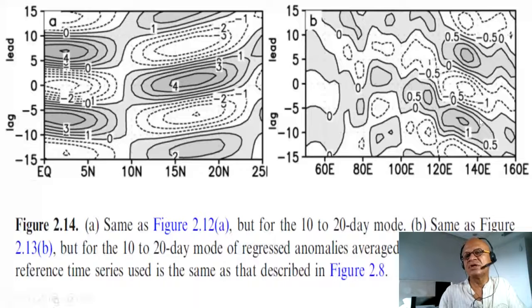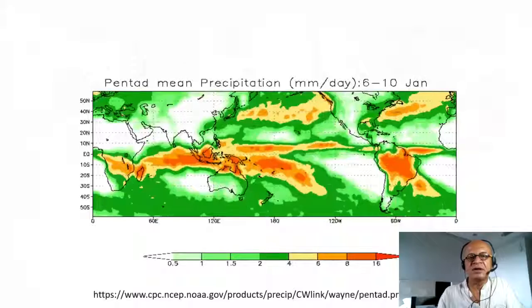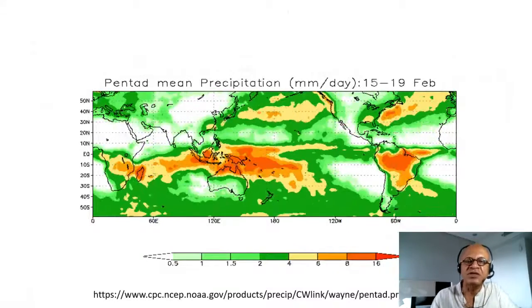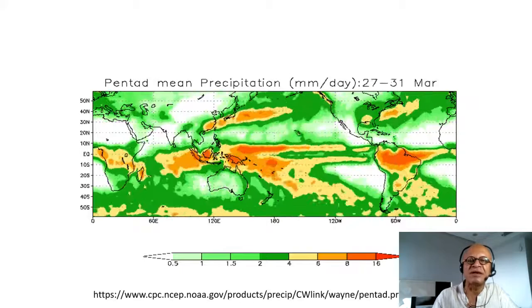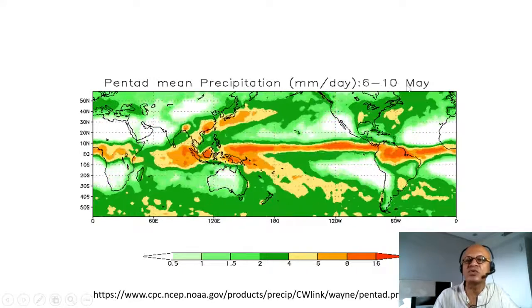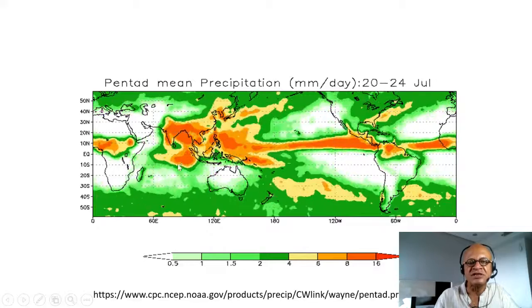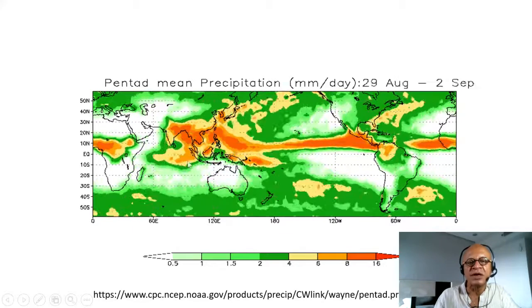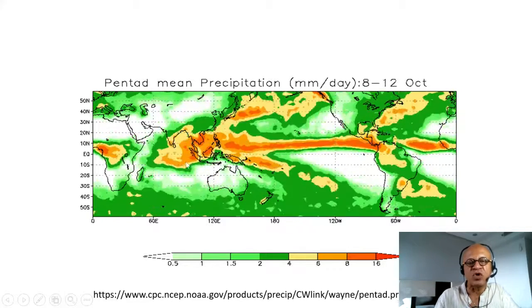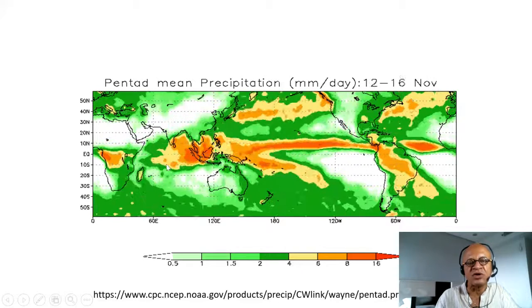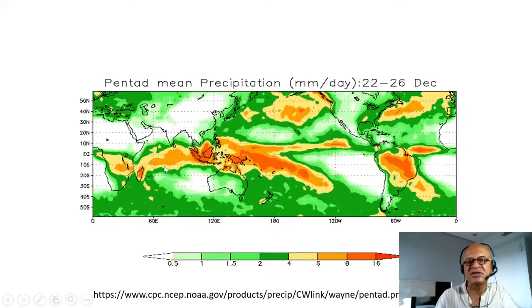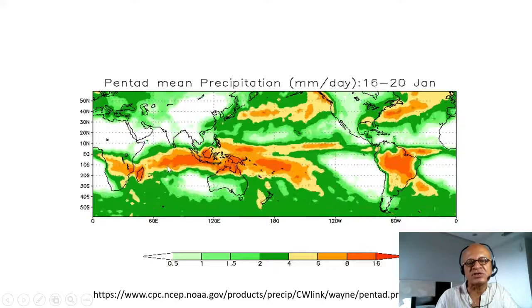Okay, so these are just obviously regressed extractions of filtered signals. But if you look at this animation, which is showing pentad rainfall, when you come to May, June, you can see the ITCZ is trying to move north. As we said before, the ocean is warm, so the ITCZ over the ocean still remains. So in the beginning of the year, it's all to the south.